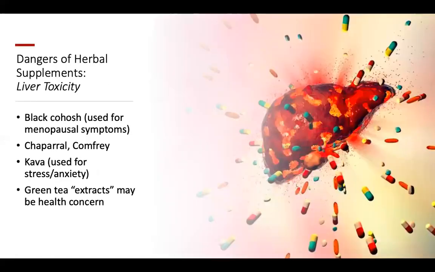All right, dangers of herbal supplements: liver toxicity. So black cohosh, which is used for menopausal symptoms. We also see, I think it's called chaparral and comfrey, and then kava, which is used for stress and anxiety, and then green tea extracts, which are the higher concentrations, and that might actually be a health concern for liver toxicity.